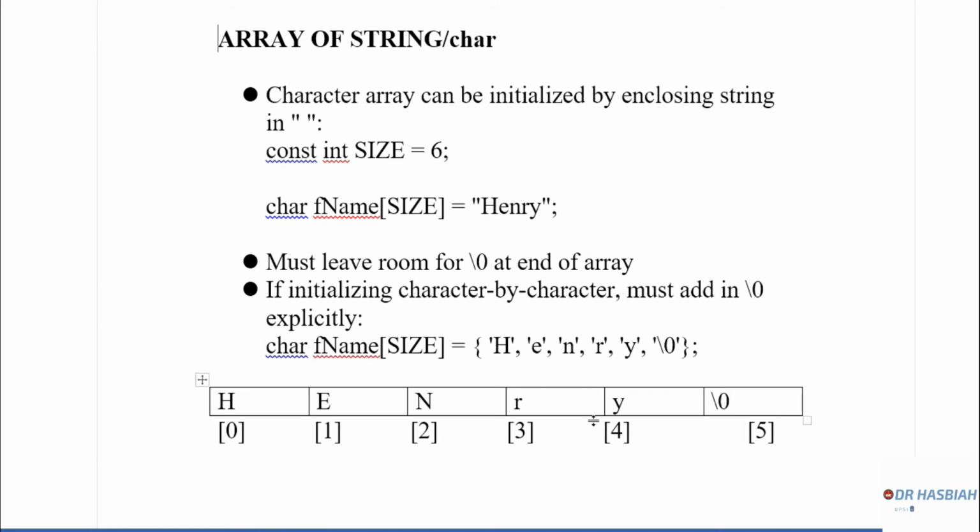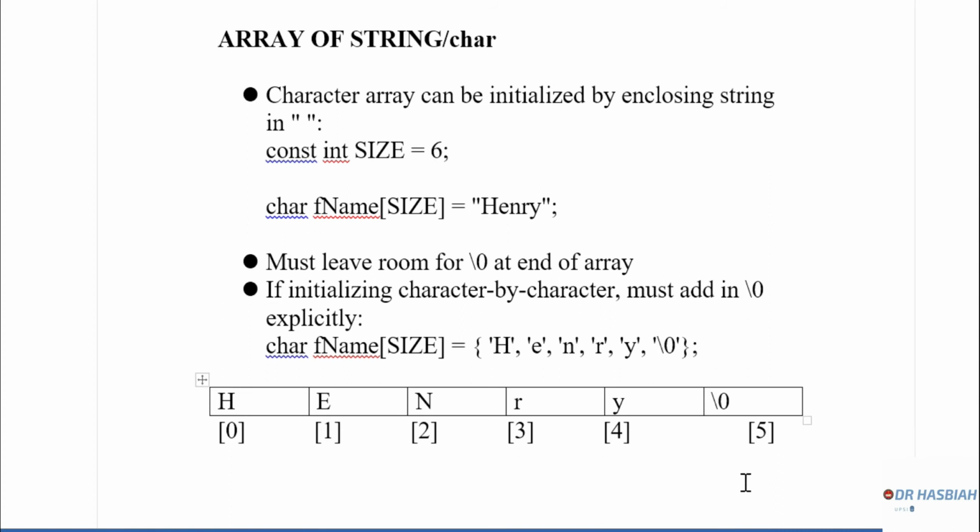If you just put 5, how many characters you have in your name, 5, and you put the array size also 5, then only 4 characters will be input in the array, because the last box is reserved for the null character or \0.